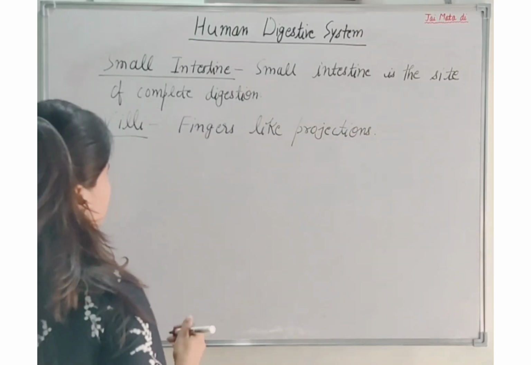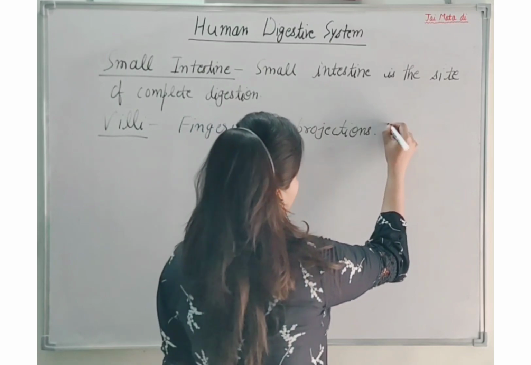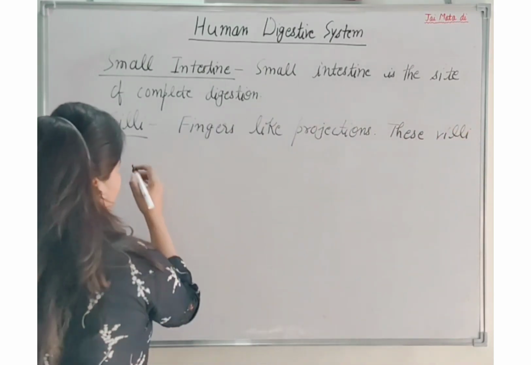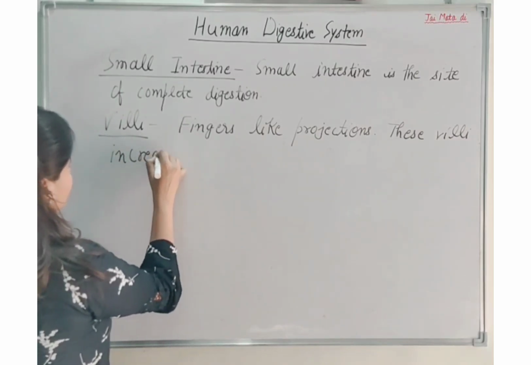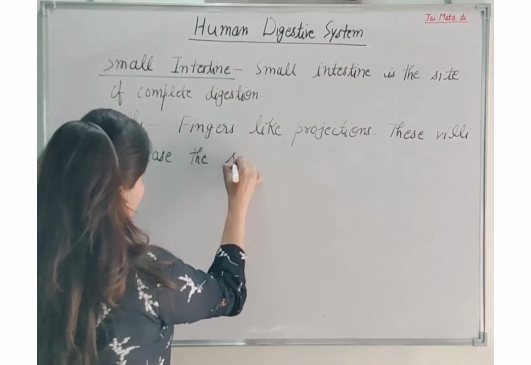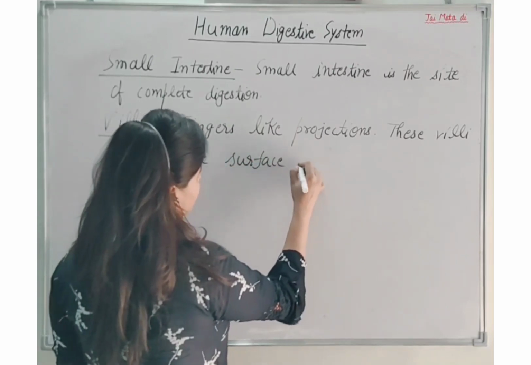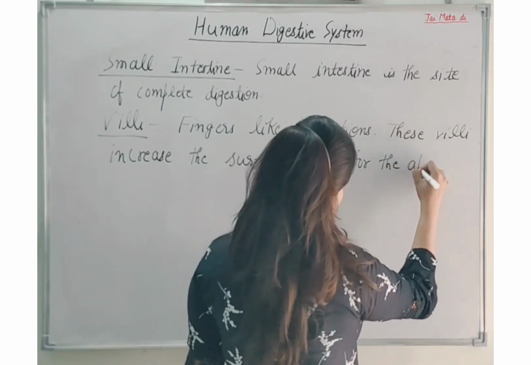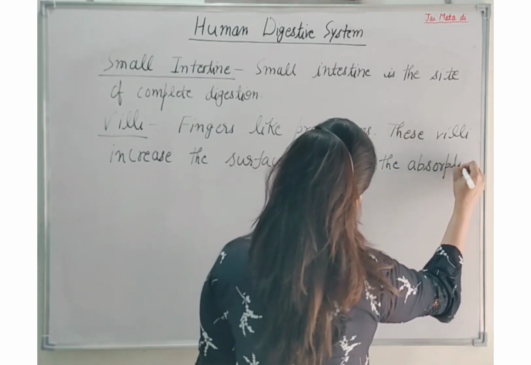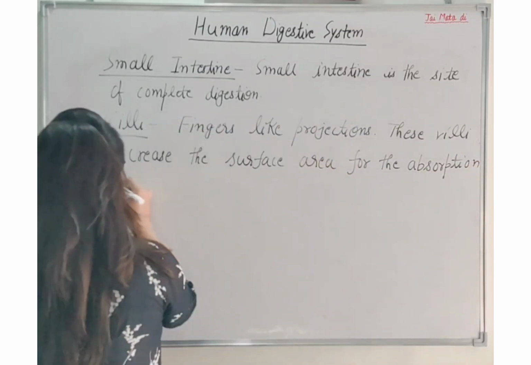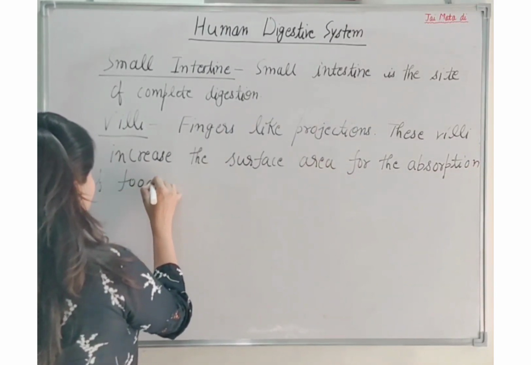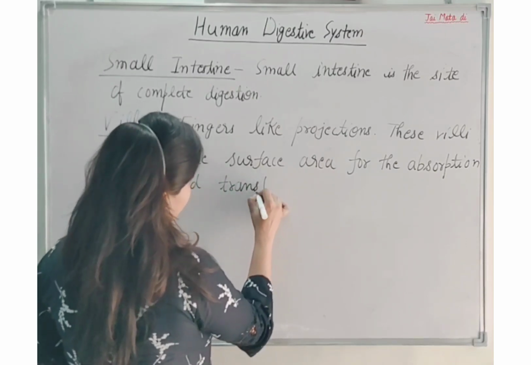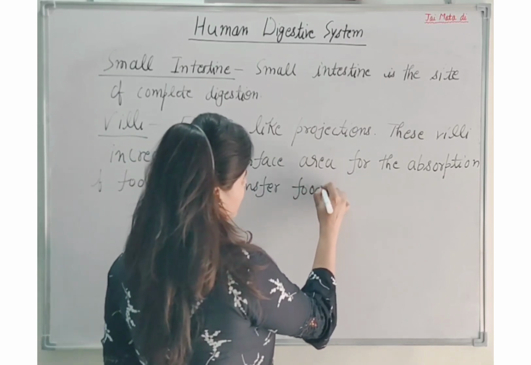Now the question is, what is the function of these villi? So these villi increase the surface area for the absorption of food, and transfer food to the blood vessels.